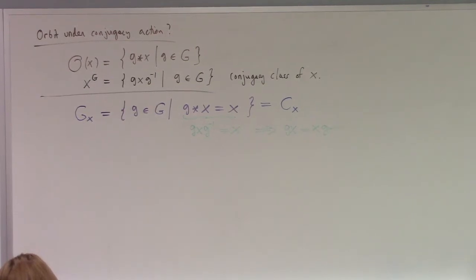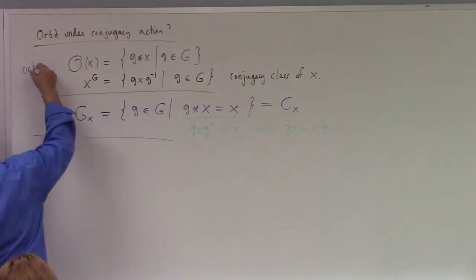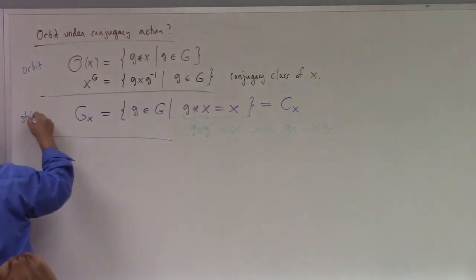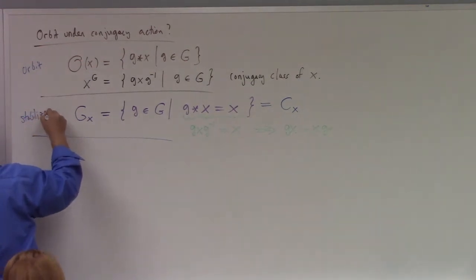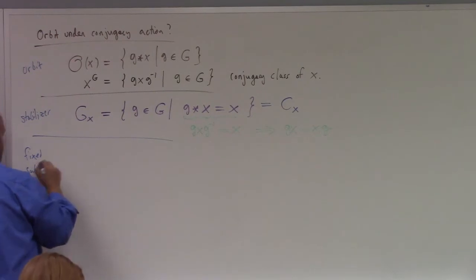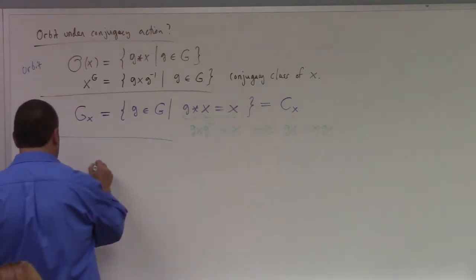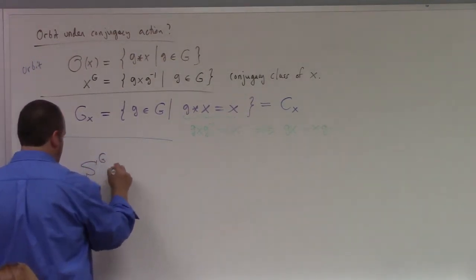And finally, the fixed subset. So we had orbit, stabilizer, and then finally the fixed subset, which I always forget the notation for, which is S to the G. How did I define that?